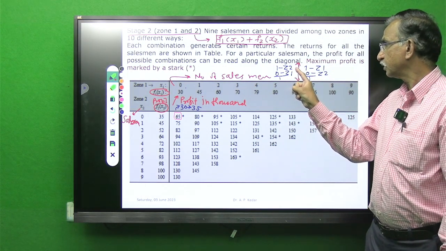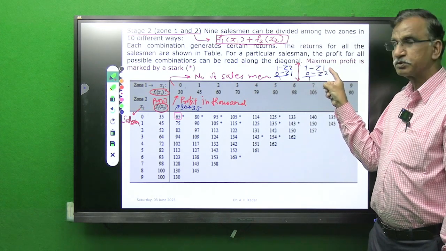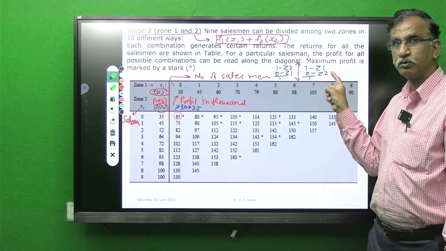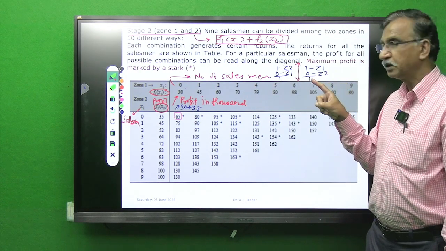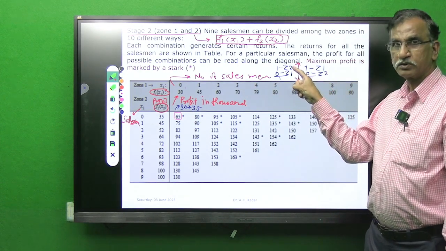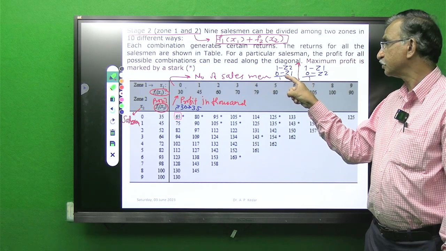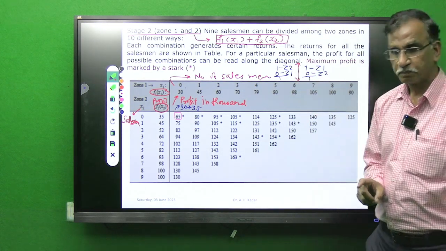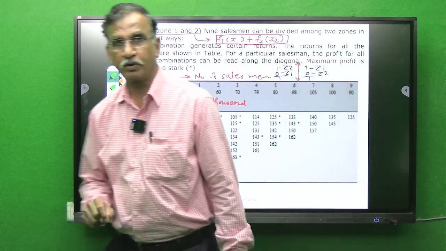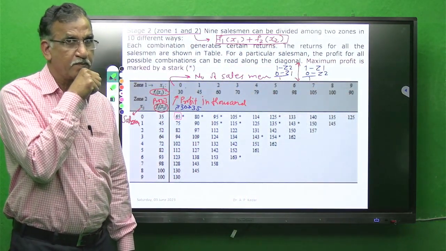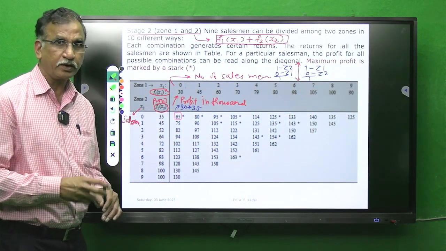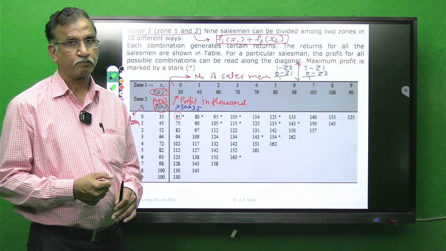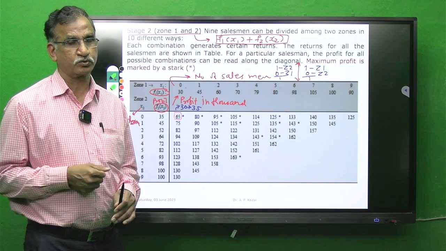First option is one salesman to Z1, no salesman to Z2, and vice versa. Other option is one salesman to Z2 and 0 to Z1. Both combinations give me only one salesman. So I will get two answers of f1 x1 plus f2 x2.